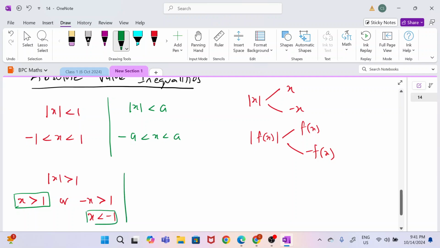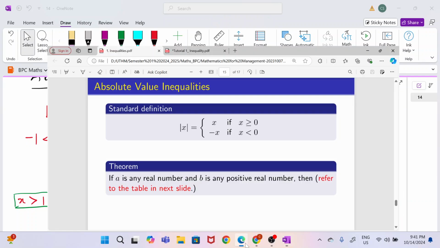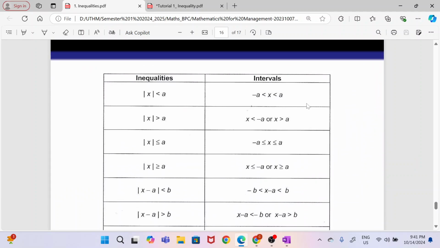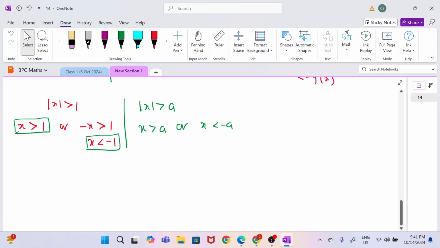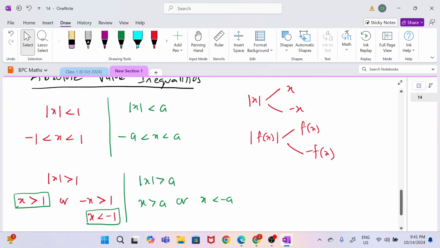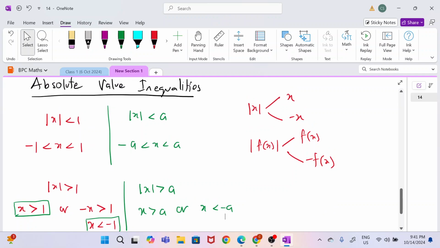In other words, mod x greater than a means x greater than a or x less than negative a. This is also given in the note here. Anyway, now this is the basic ideology of absolute value.